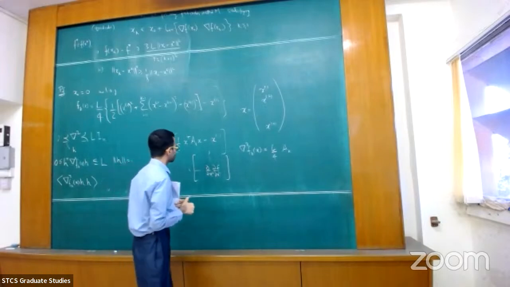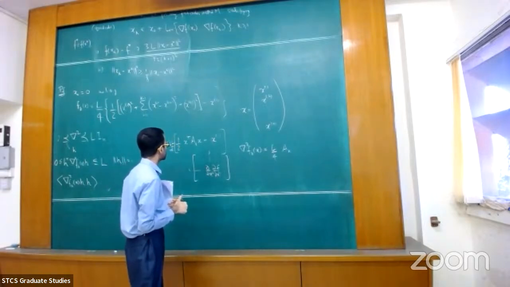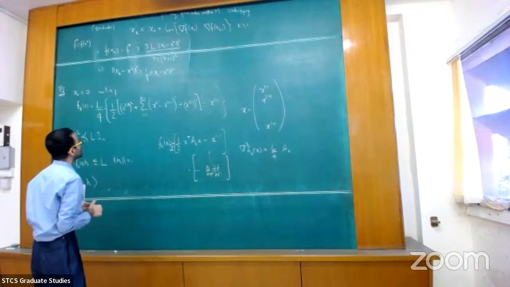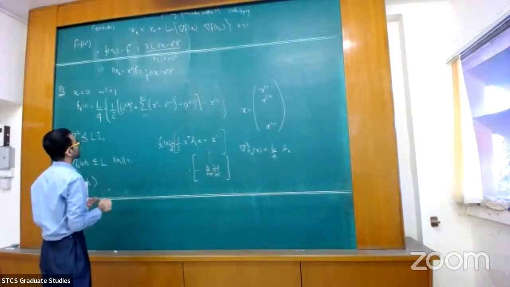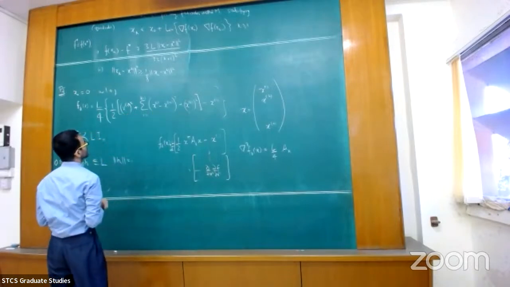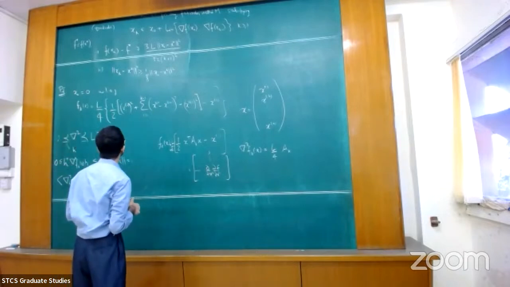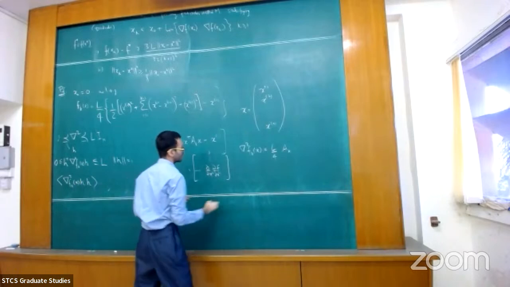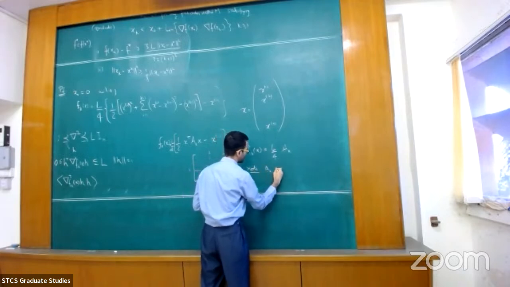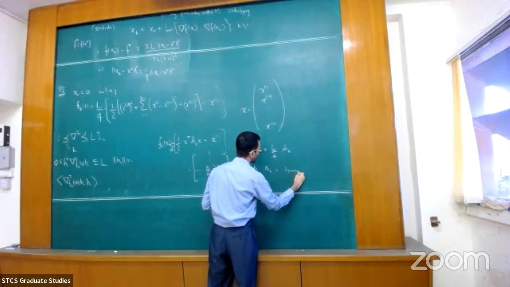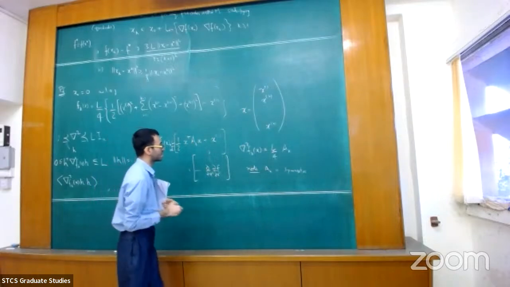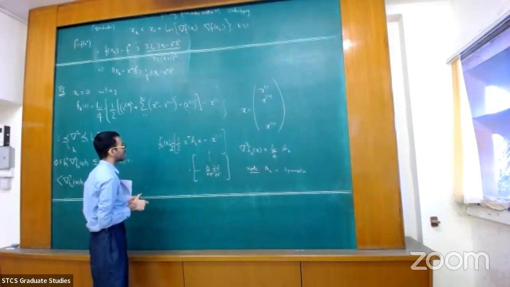Good. Here it will turn out, because you have symmetry, x1 square here, x2 square here, so here it will actually be symmetric. So you get something like this, right?